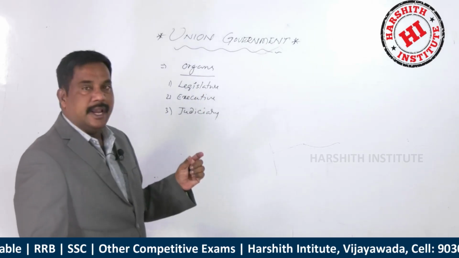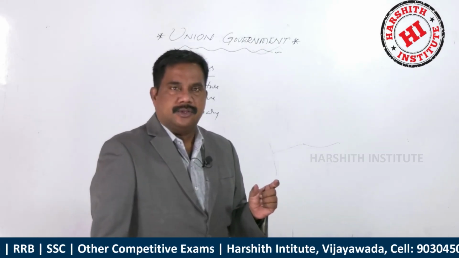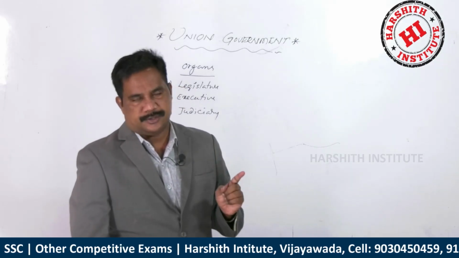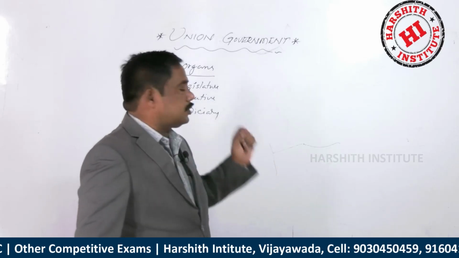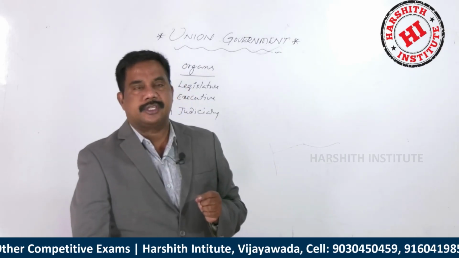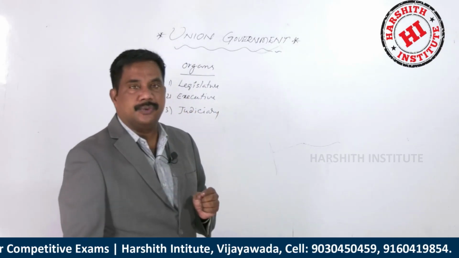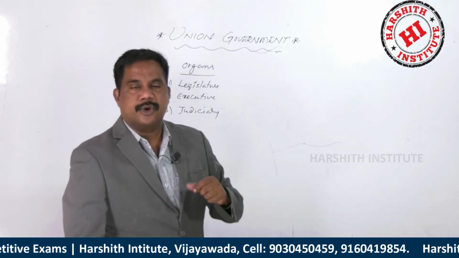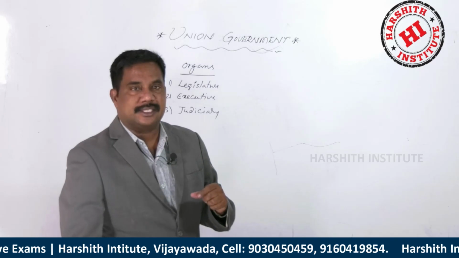What is legislature? Legislature means it makes the laws. The organ that makes the laws is called legislature. Executive implements the laws. The organ that implements the laws is called executive.